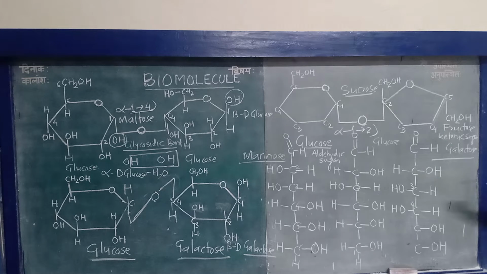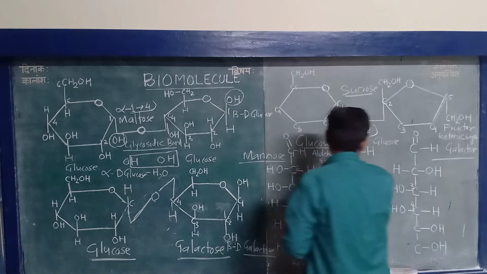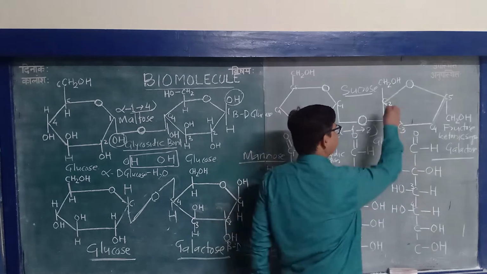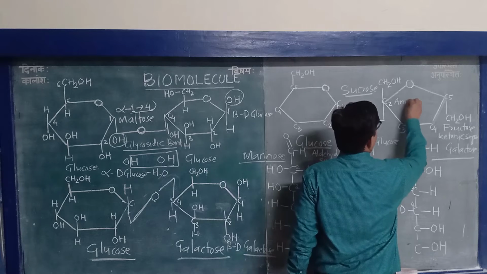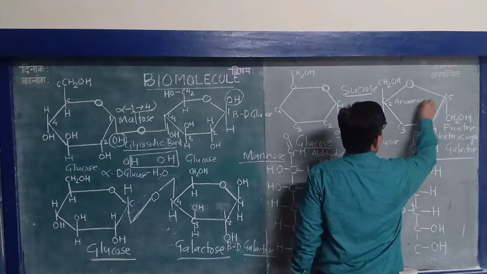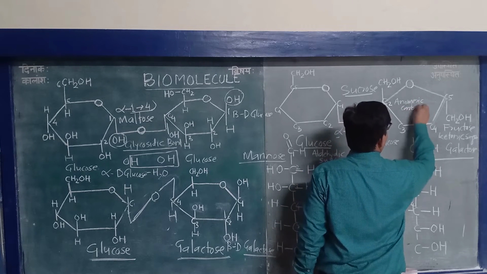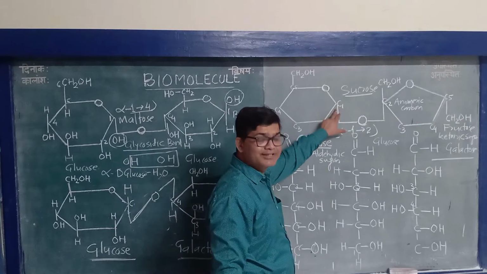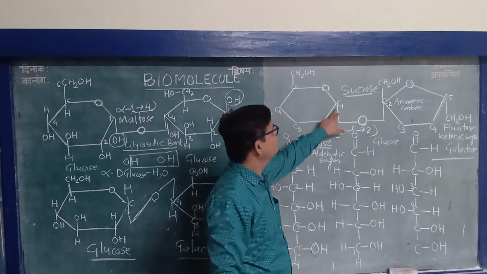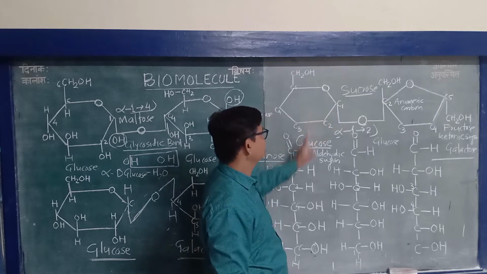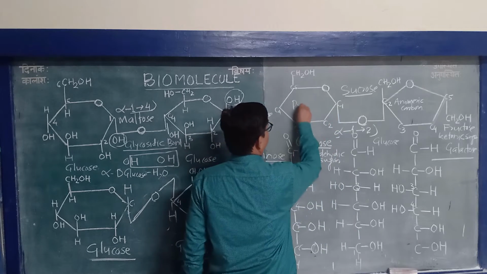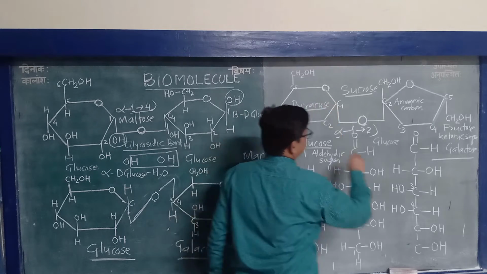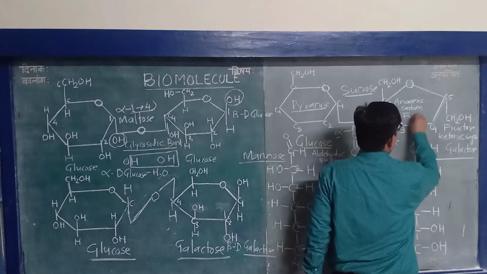So you have to understand why I am writing this. In case of fructose, this is the anomeric carbon in the ring structure. In case of glucose, this is the anomeric, meaning first carbon in the ring. So this ring is pyranose and that ring is furanose.